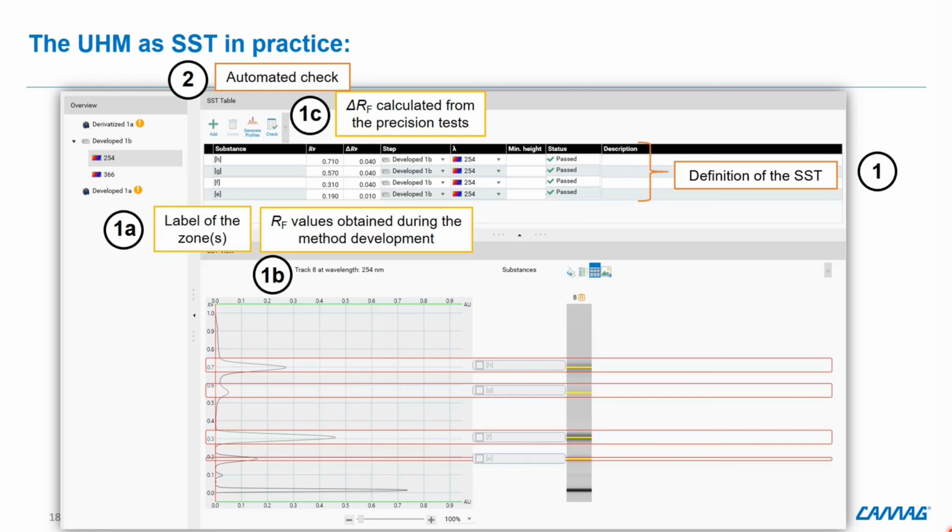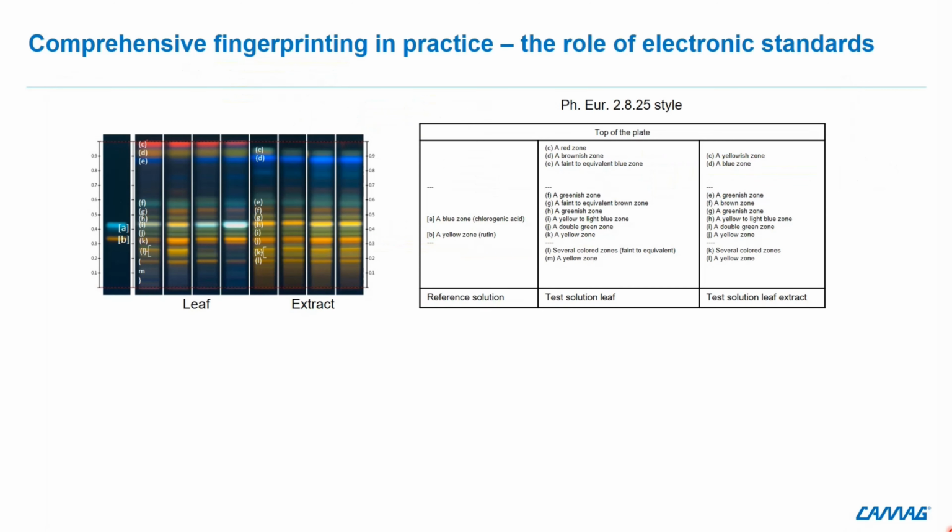And now I would like to talk about how to interpret an HPTLC fingerprint in accordance with regulations. Here is an example monograph for the identification of ginkgo leaves and ginkgo extracts according to the European Pharmacopoeia.